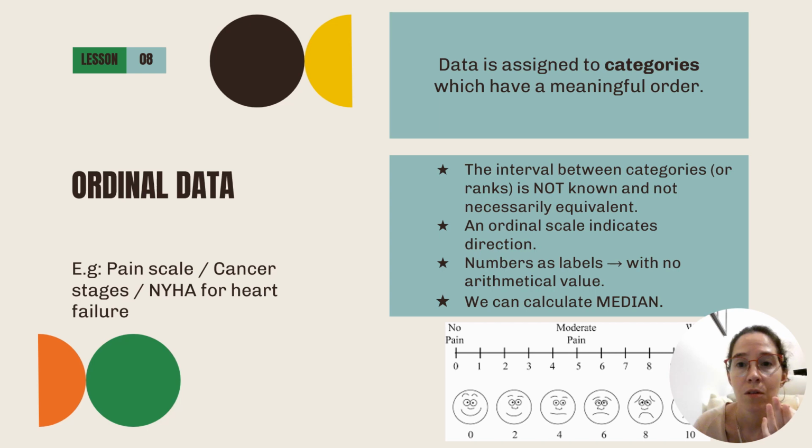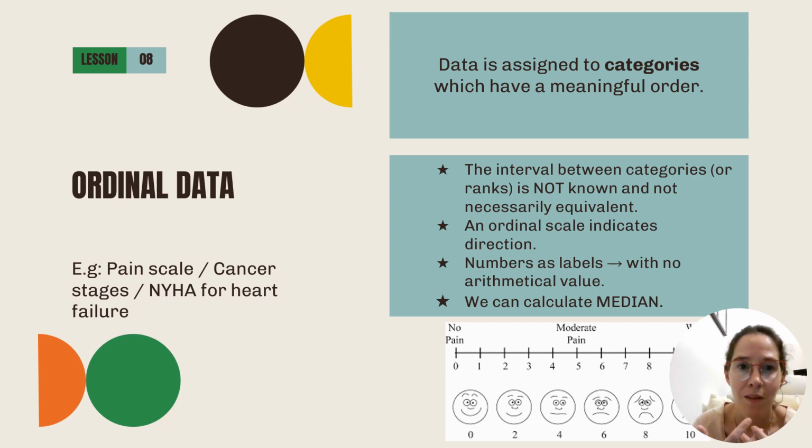So as I mentioned, here we do have an order, but the magnitudes in this scale are just representative labels that show us an order, but the intervals may not be consistent and may not even be known.